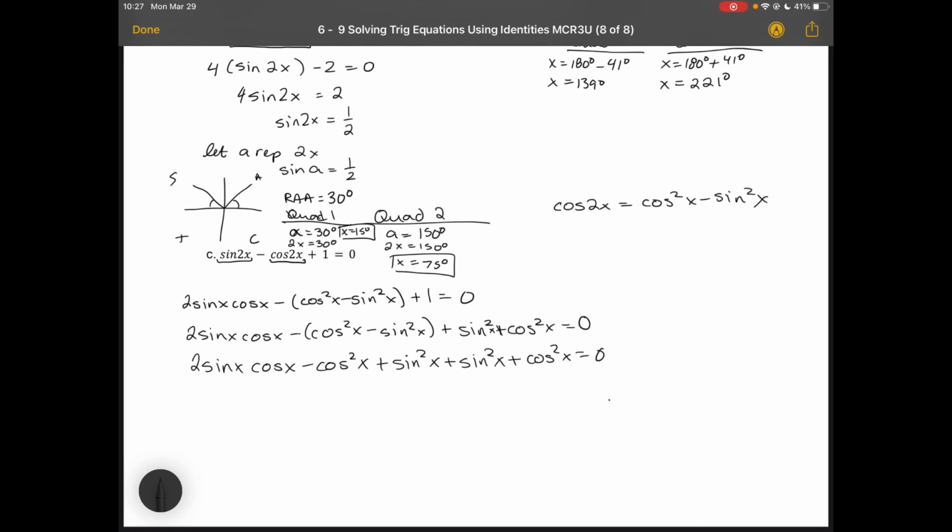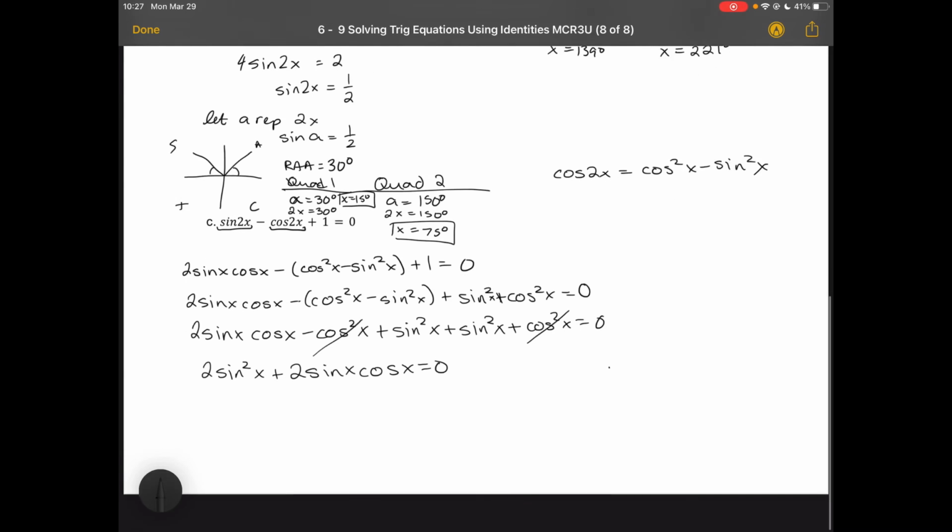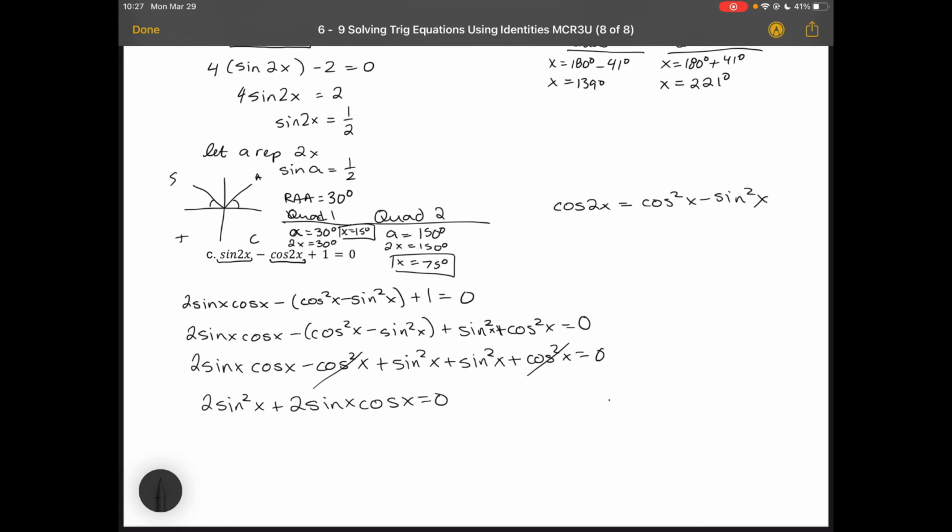Now the first thing that you should notice is that these two are going to cancel out, and what I'm left with is 2 sine squared x plus 2 sine x cos x, equals 0. This is not the only way to do it. There are some other identities that you can use to get to the same spot. Before I continue, I'm actually going to divide out my 2's.